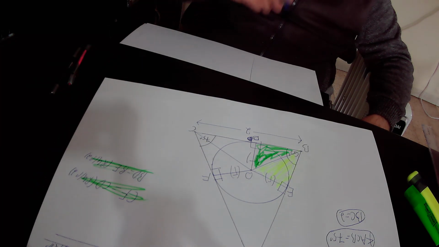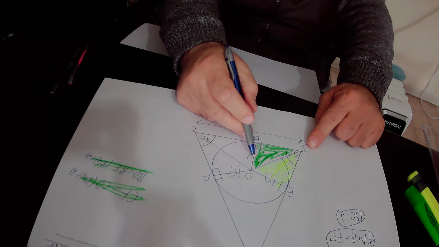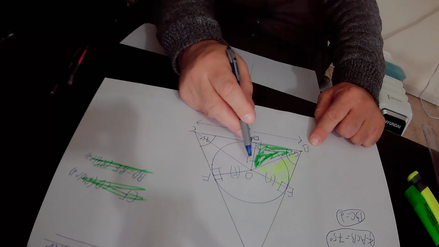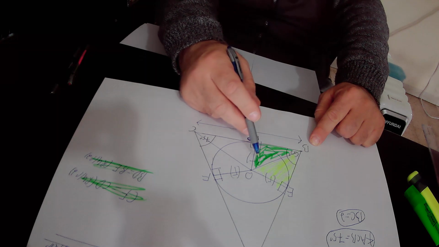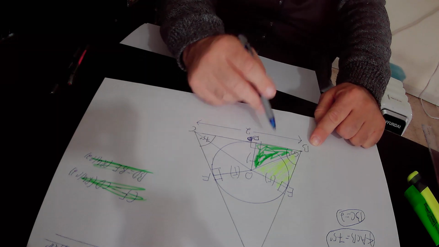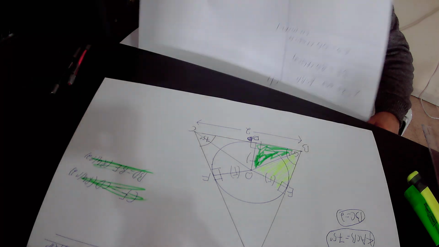And finally, this is side OB. That is a common side, it belongs to both triangles, so we can write down that OB equals itself.